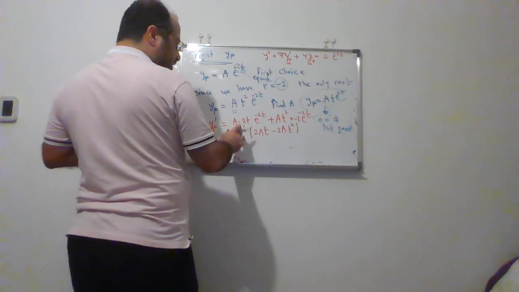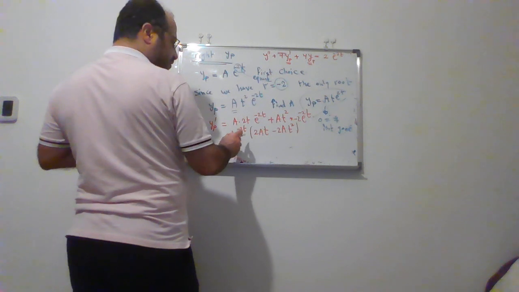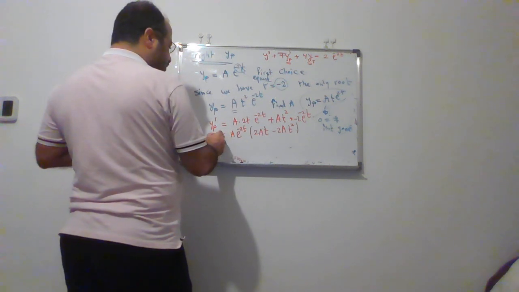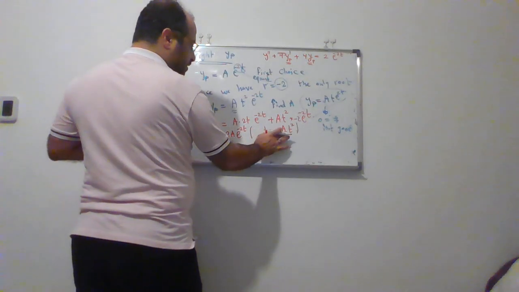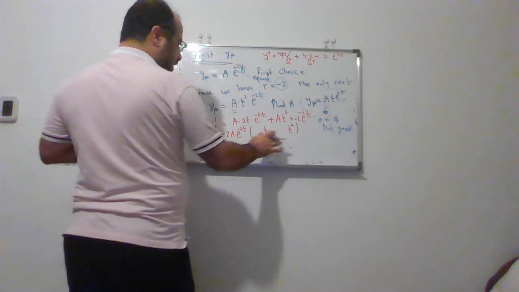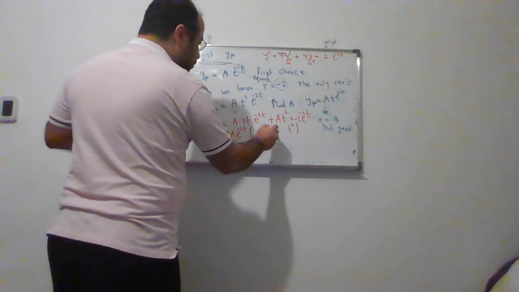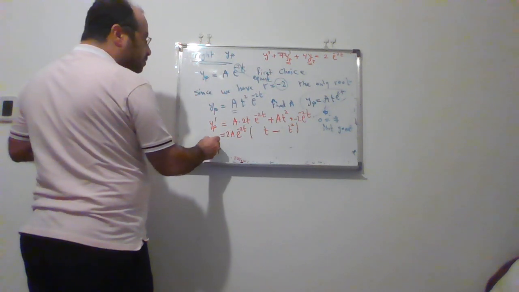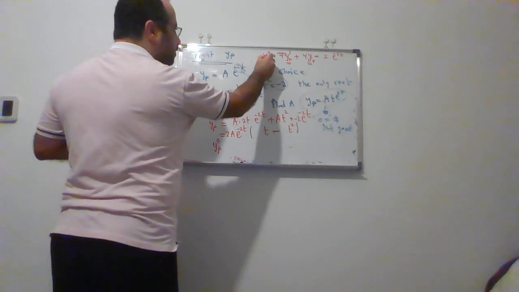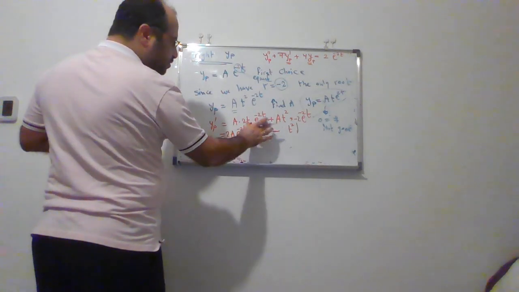And I can take the a as a common factor, and I can take even the 2 as a common factor, and I will get this, minus. Why did I do this? Because I need to find y particular double prime. I need to plug here for this, and then I need to use the product rule just one time.